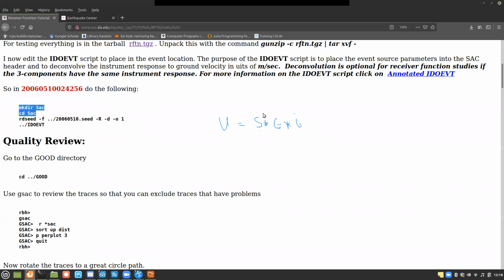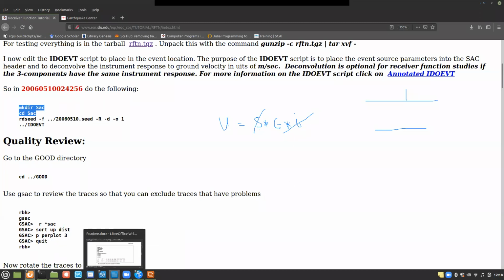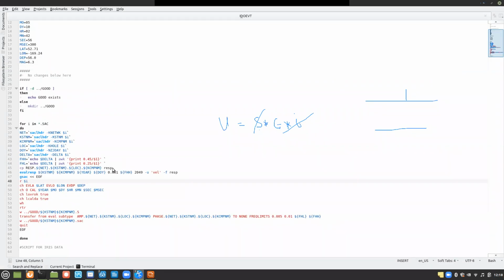In receiver functions, you want to get rid of the source, because we just want the information of the medium right beneath the station, and you want to get rid of the instrumental response. So this part of the code, where is it? Okay, this part of the code is a transfer function that removes the instrumental response. So this is what does this part.